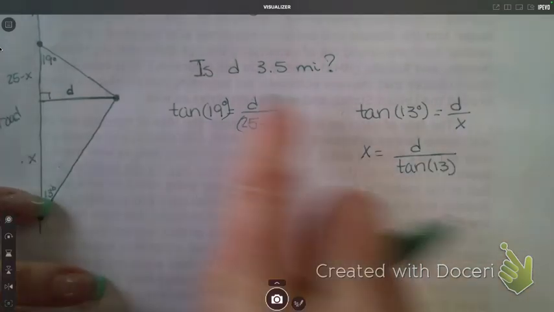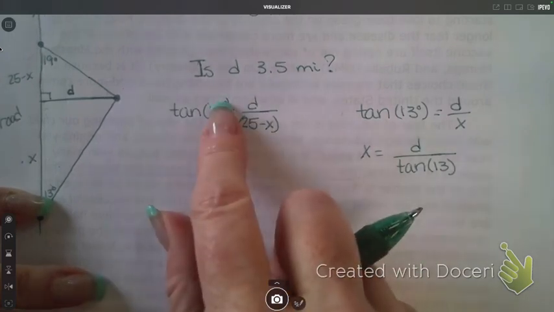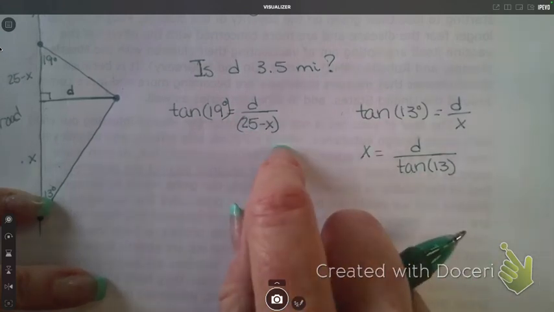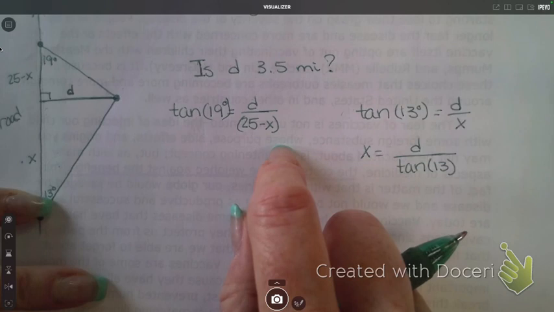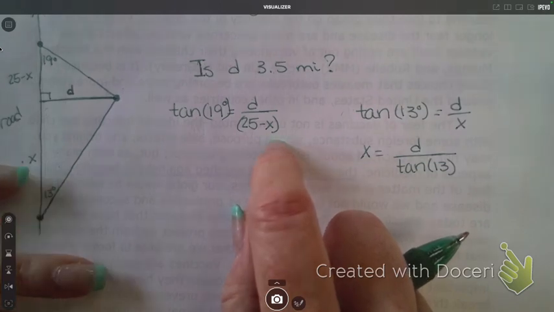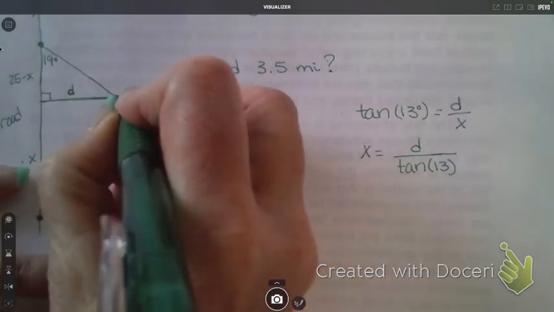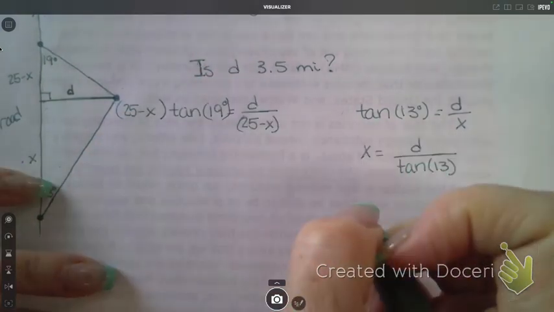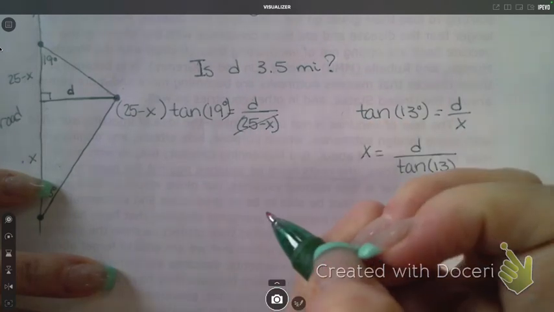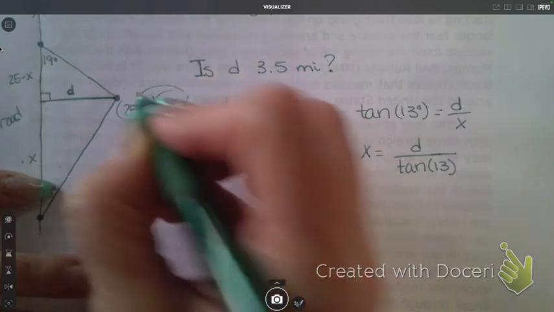So let's start solving this. Let's get this out of the denominator. I don't want to put a fraction in the denominator, do you? Okay. So what do we do first? Multiply it over. And these are the same steps we've had to do before, right? Multiply over and then distribute.